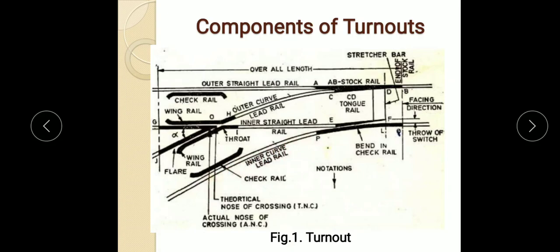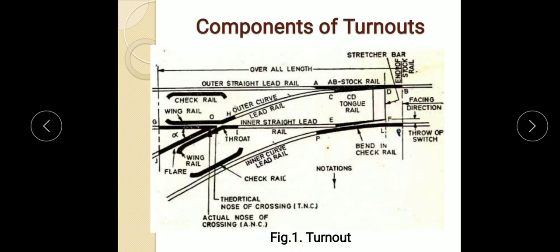Next component is the bearing plates or slide chairs, and the stretcher bar. Here we can see a stretcher bar is provided in between the stock rail and tongue rail to maintain a proper gauge in between these two rails.